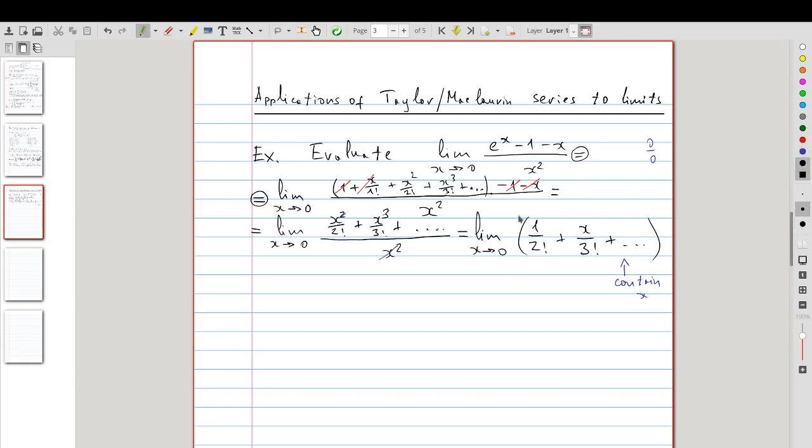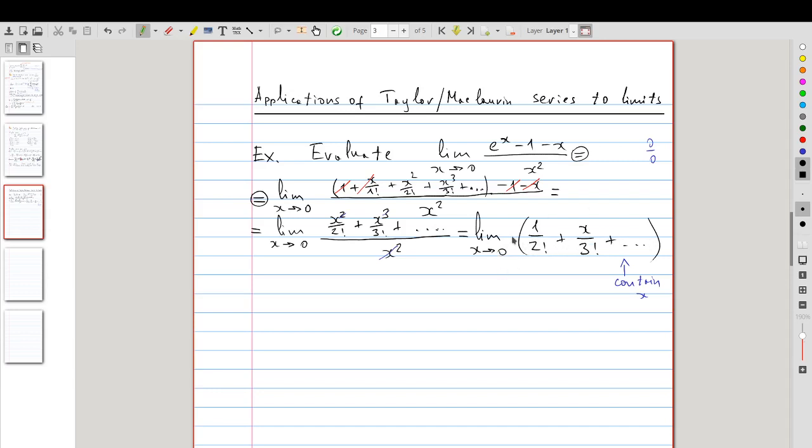Right, but the limit here is now evaluated of an expression which is a power series. This is a power series which, apart from the first term, vanishes at 0. So it doesn't have any problems at 0.